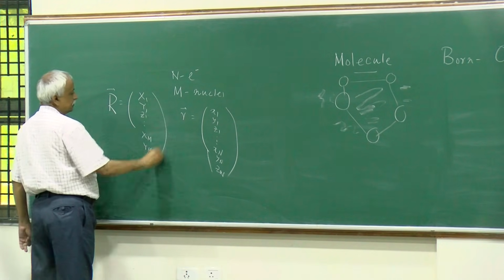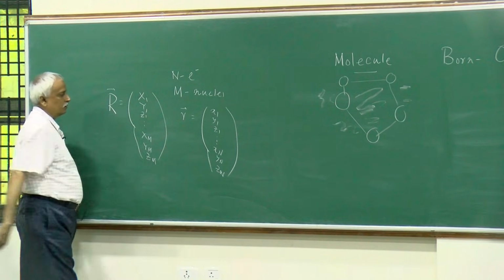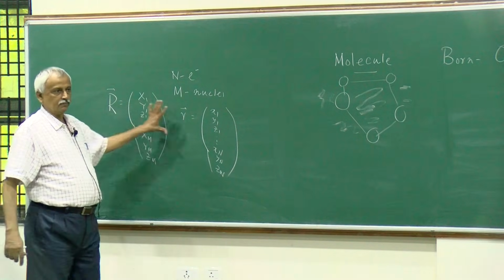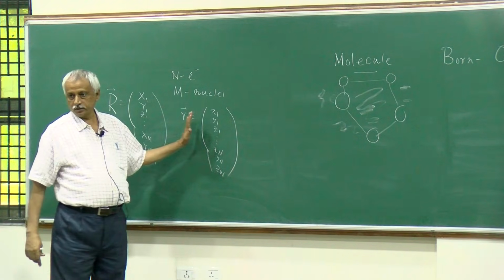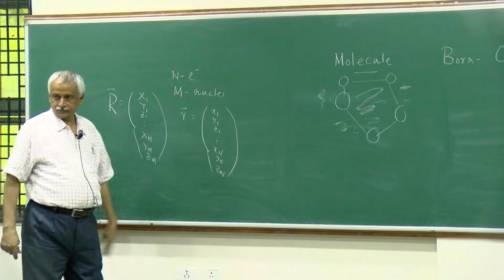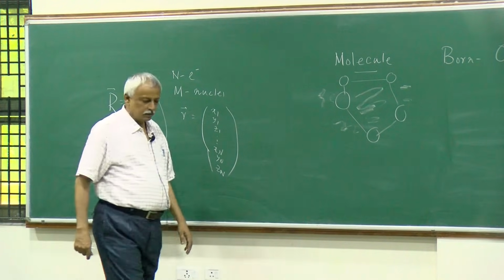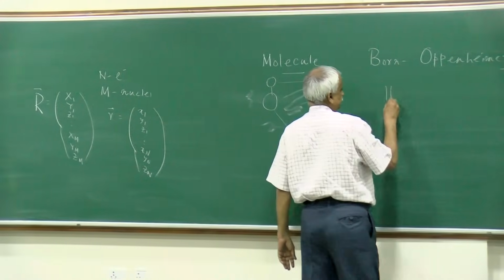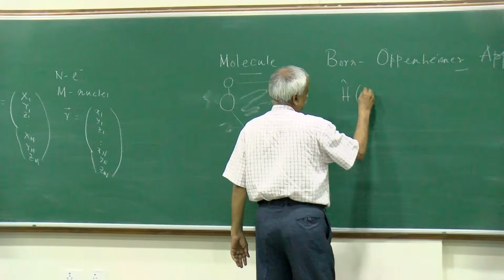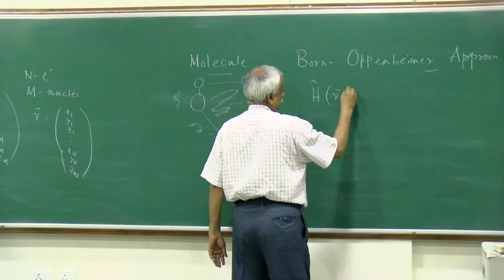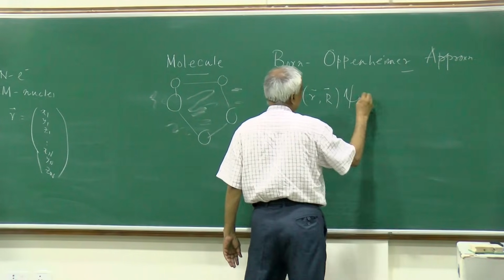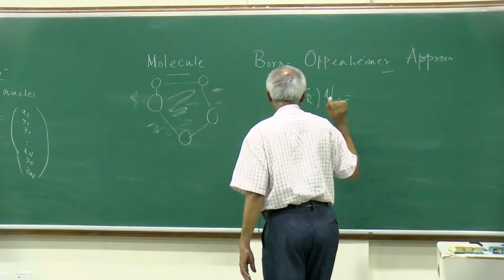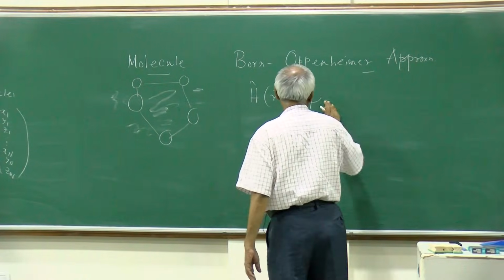So in this vectorial notation, these column vectors are taking care of the individual sets of coordinates of the electrons and the nuclei. Okay. So the net Hamiltonian would depend on this, and it will obey the Schrodinger equation, let's say.